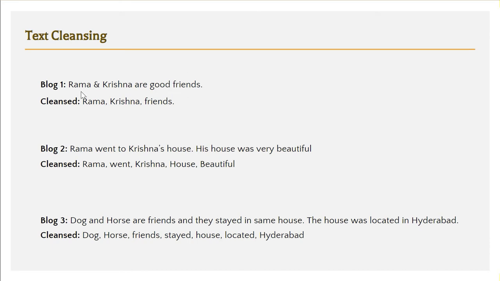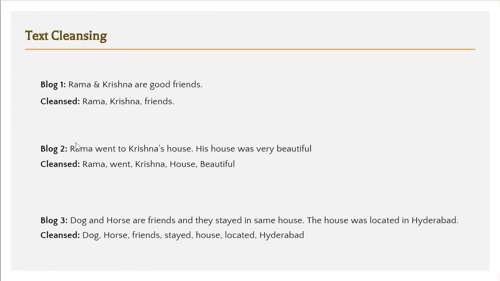So the topics here are Rama, Krishna and friends. The other two words, and and good, are not giving much information about the topic itself. So let's remove them. And the cleansed text would be Rama, Krishna and friends. This is how we will try to simplify our blog posts and take only those words which are related to a particular topic.